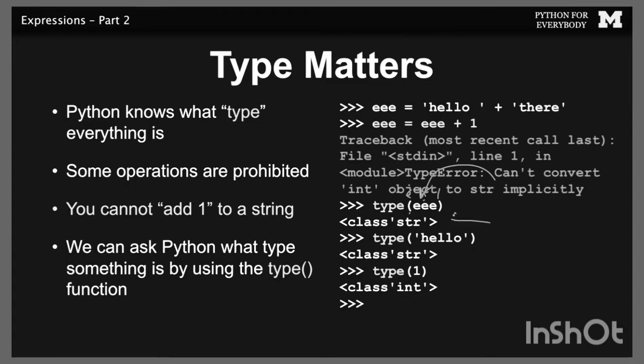And then Python prints out, oh, it's a string. What is the type of the constant, quote, hello, quote? That's a string. What is the type of the constant 1? That would be an integer. And so Python keeps track of the value and the type of variables and constants. We have to be aware of this as we move forward.